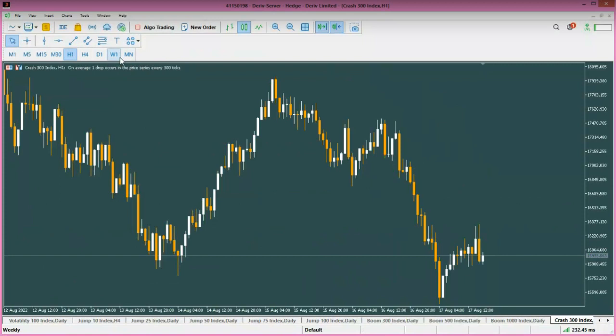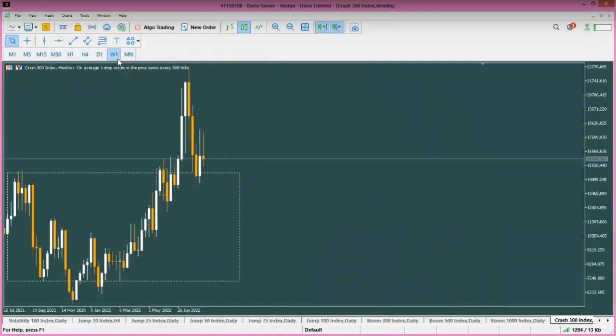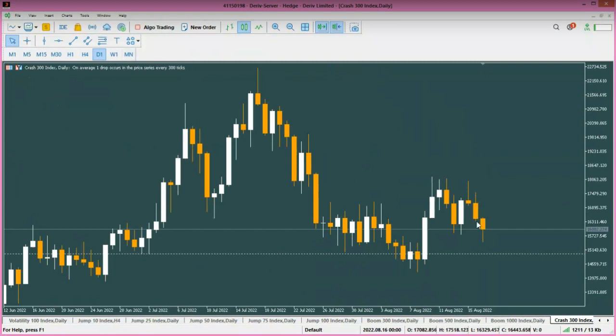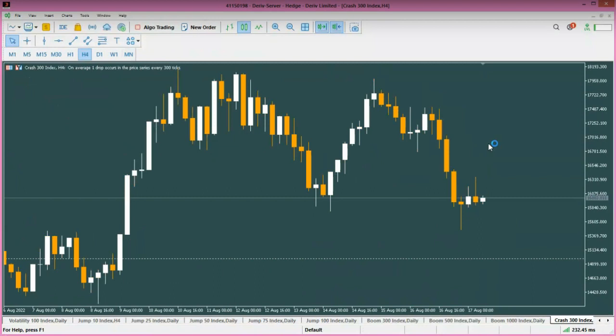So when I speak about the weekly time frame, I won't be speaking about the current candlestick here. I'll be speaking about this previous candlestick. That's what we check for. That's what we look for.